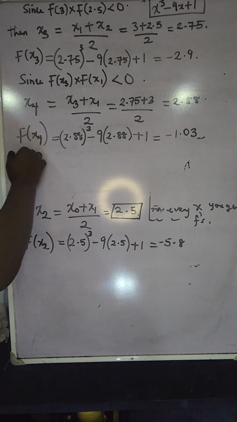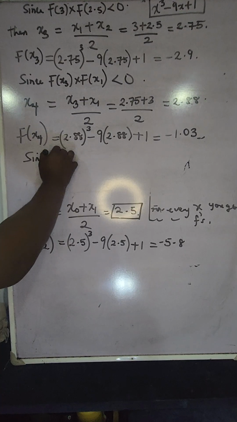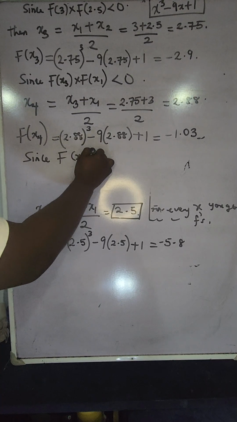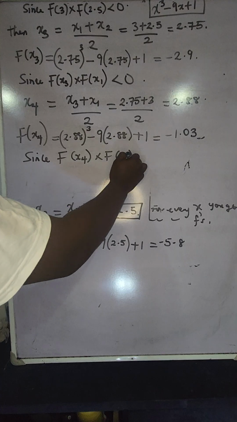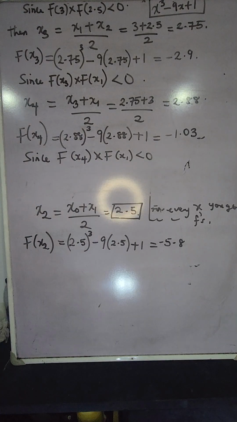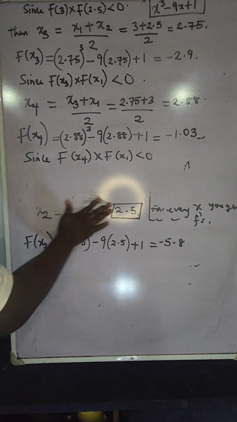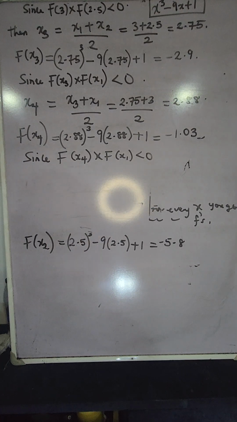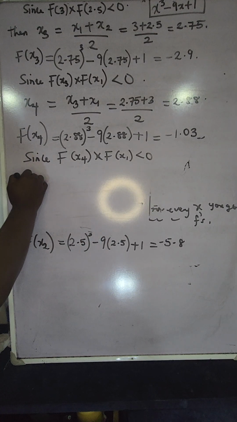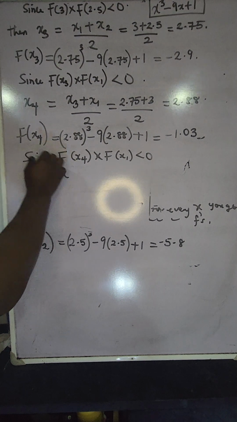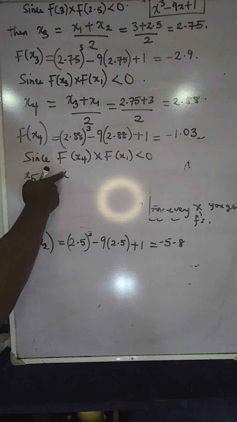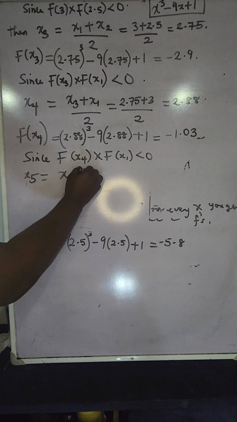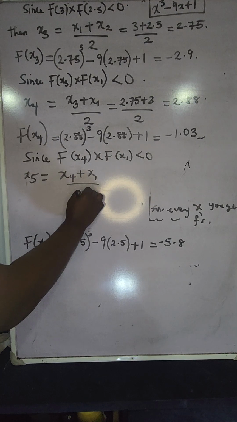So you now say, since f of x4, when multiplied by f of x1, is less than 0, Descartes' rule, then we can now say that x5 is equal to x4 plus x1 all divided by 2.